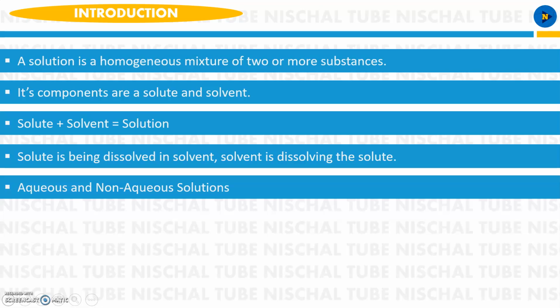For aqueous solutions, salt and water, sugar and water, anything that involves water as a solvent. And for non-aqueous, we can take an example such as adding malt powder to milk to give it a chocolatey flavor. In this case, the solvent component is milk and not water, so it would be an appropriate example of a non-aqueous solution.